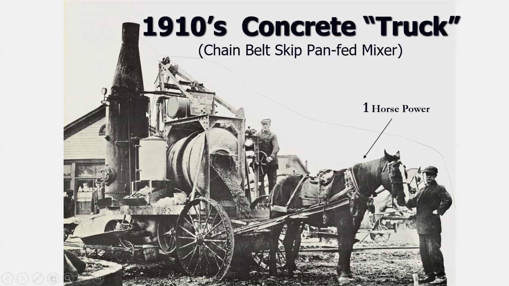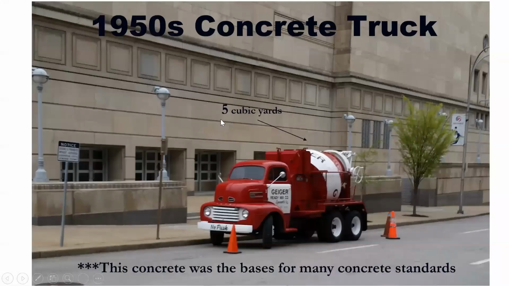It's steam fed, and the mixer is making and mixing concrete, and they dump it into a wagon and move it to wherever they're going to pour the concrete. This is big high-tech technology for 1910. Then you also have the 1950s. If you move a little further, this is a 5-yard truck.